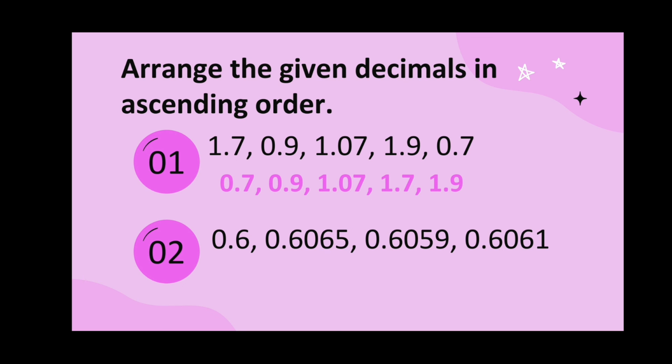Next is 6, followed by 5, and 6 ulit. Okay, so which one is the smallest? Of course, that's 0. Very good. So, dahil 0 ang smallest, ang pinaka-smallest decimal number natin ay 6,000 ten thousandths, or it could be just 6 tenths. Very good.